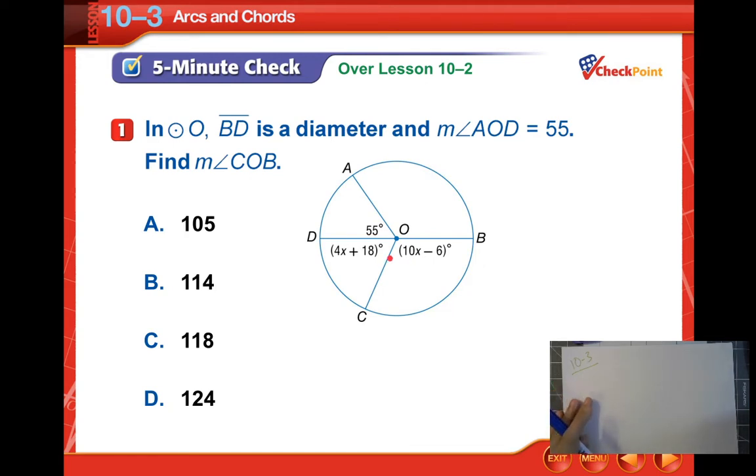Then we set that equal to 180. And we should get 114 for this total angle. Similar one, you're finding DOC now. But once we found X, we can just throw that back in. So once we did the first one, the second one should be easier.